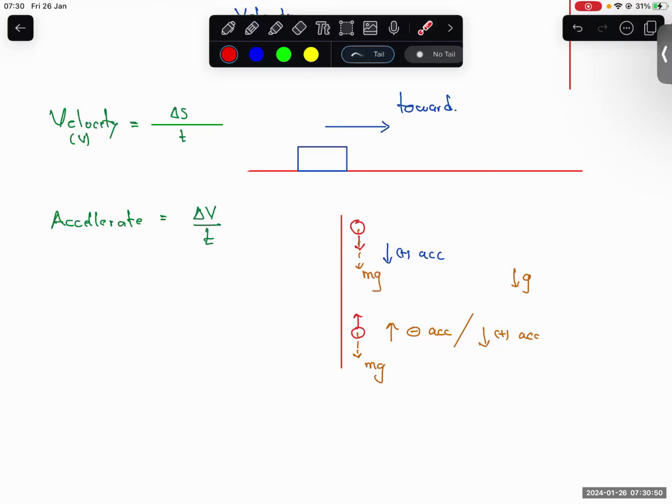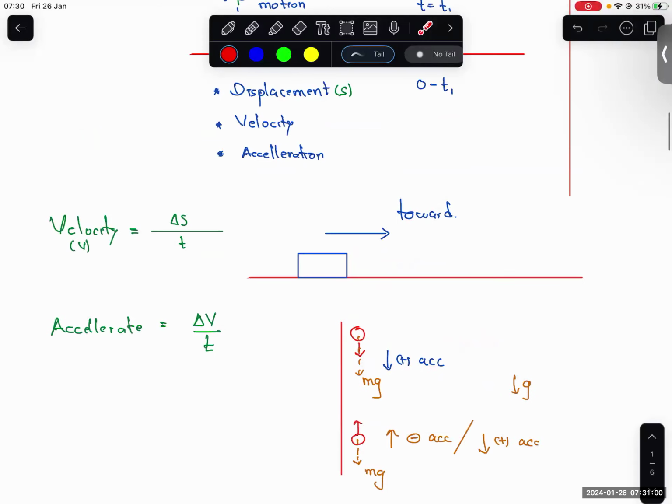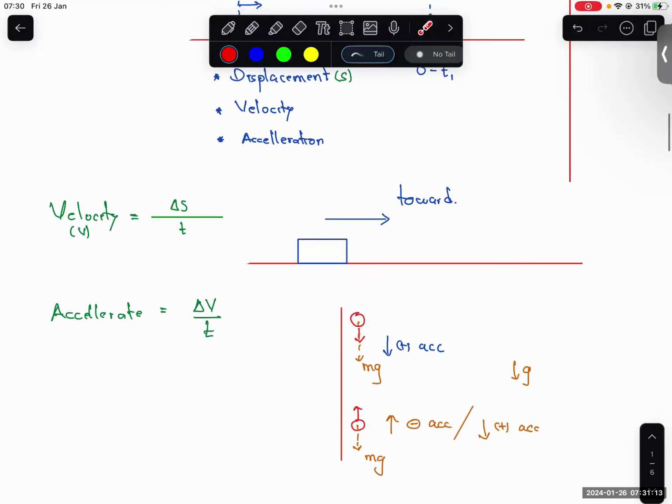So I have explained the basics. The purpose of this class is MCQ points. We are mainly focusing on this because you know that there is a 100% chance for one MCQ to come from this section.